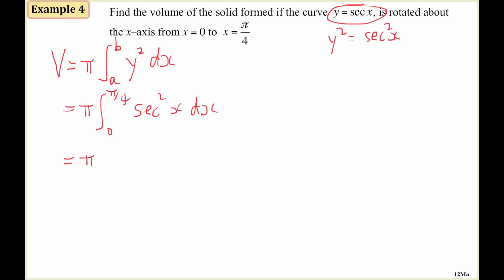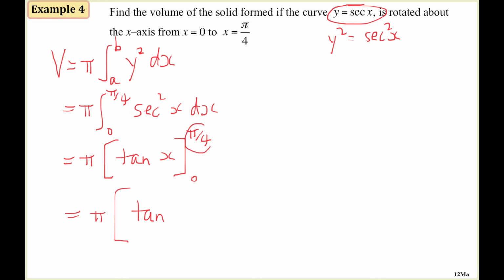Now, the integral of sec squared is tan, and the angle is just x, so that's nice. From 0 to pi on 4, which becomes pi. Now, x is replaced with pi on 4.